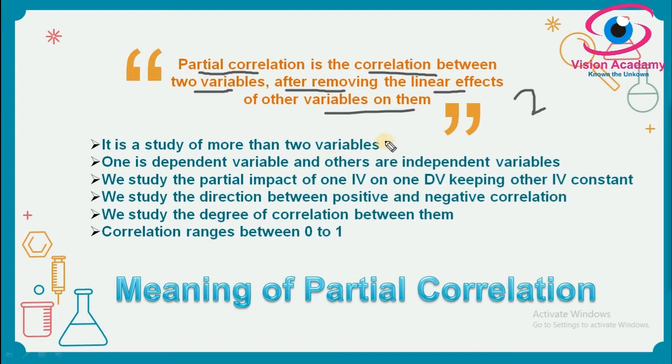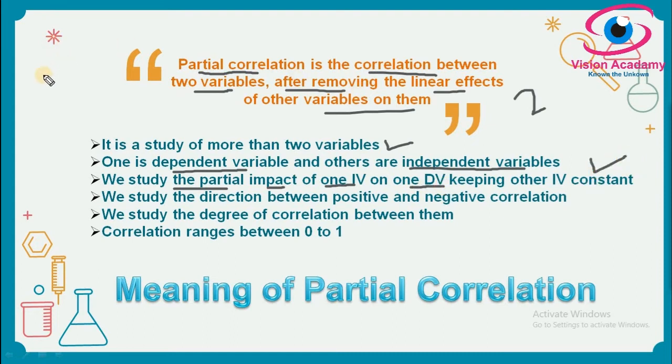So it is a study of more than two variables, where one variable is dependent and one is independent. In the case of multiple correlation, one is dependent and two are independent variables. Here we study the partial impact of one independent variable on one dependent variable, keeping the other independent variable constant.